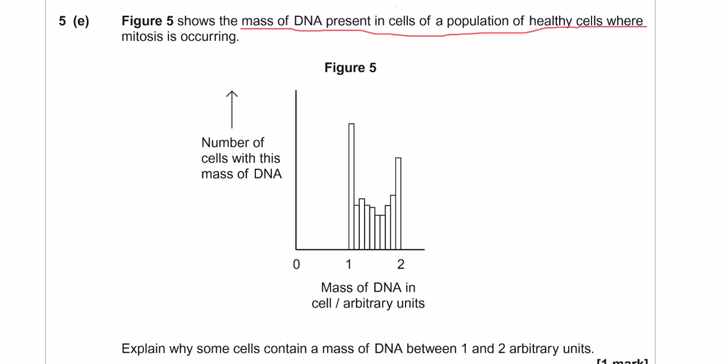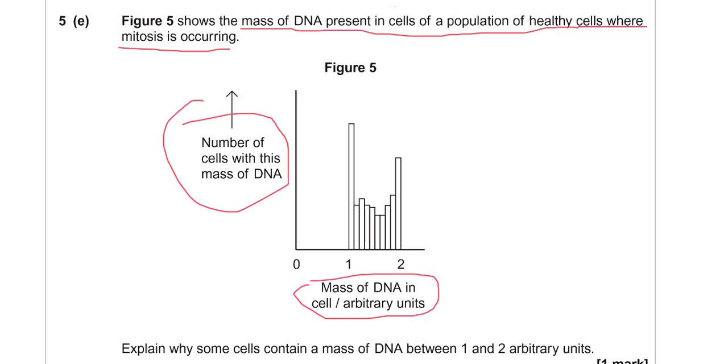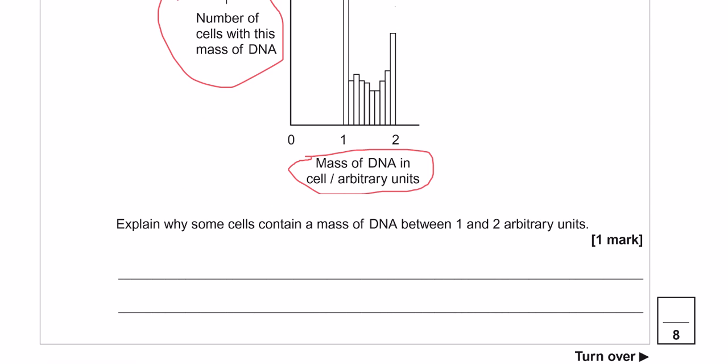Okay, and 9E, it says figure 5 shows the mass of DNA present in cells of a population of healthy cells where mitosis is occurring. So it shows the number of cells with this mass of DNA and the mass of DNA in the cell. Okay, so 0, 1, 2, and the number of cells. Now this question, there isn't really much you can say.